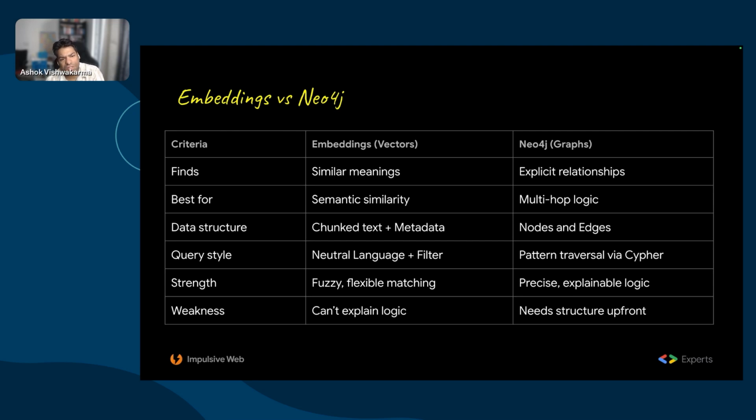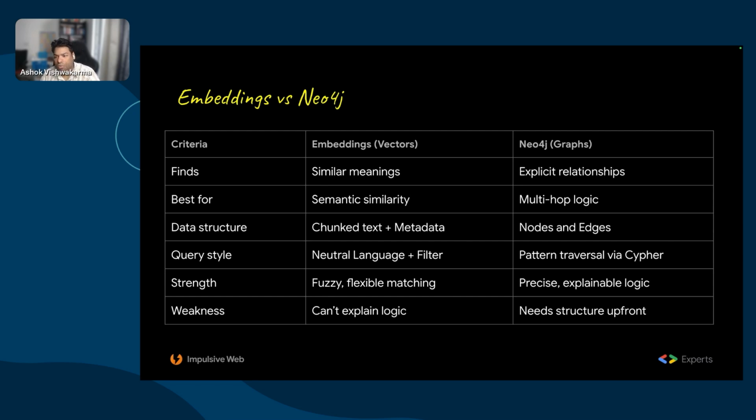Here is a specific table which gives you a general use case of where and when to use graphs, and when not to use graphs. If you have a simple criterion where you just want to find similar meaning stuff, you really don't need graphs.